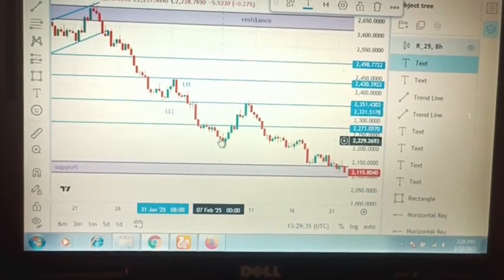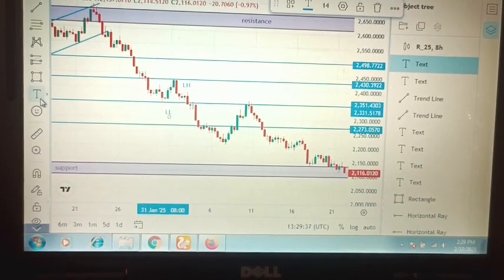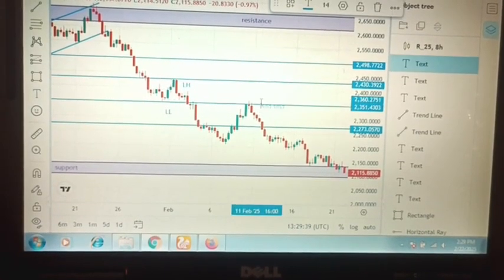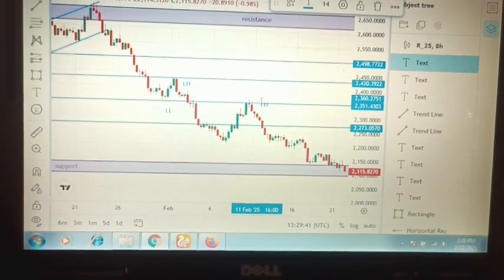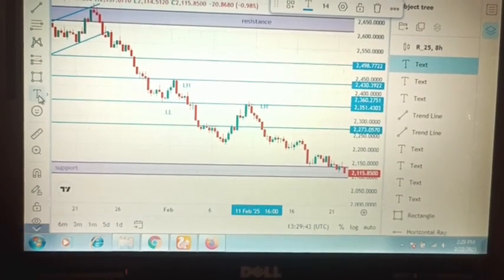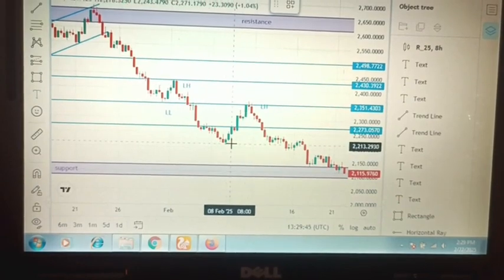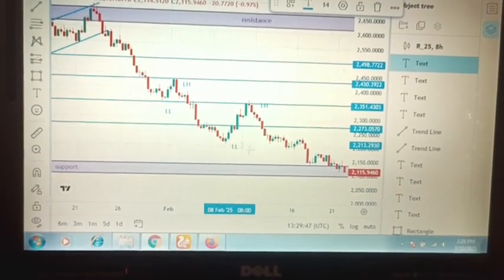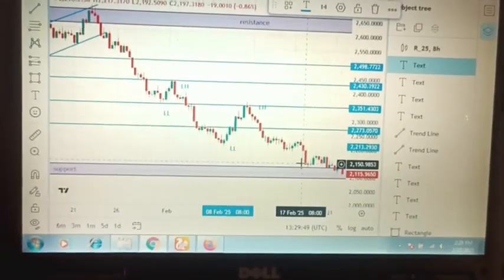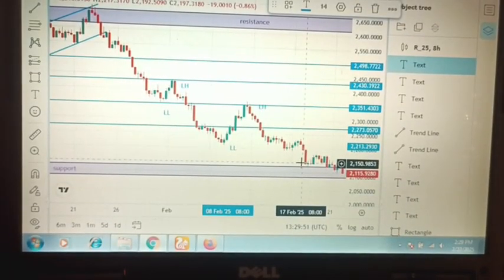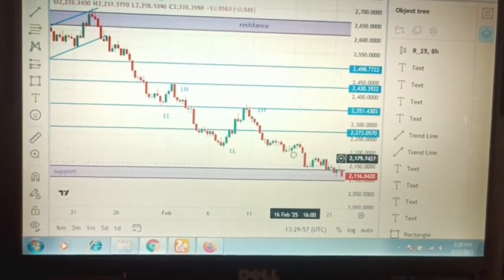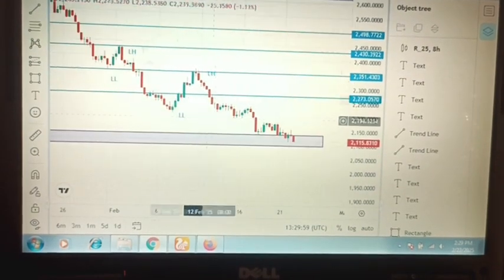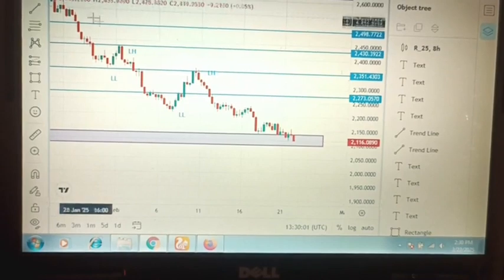So you have more lower highs, lower high. So you see, in a downtrend you have more lower highs and lower lows. You understand? And the same thing you did for the trend line, you also connect the dots.